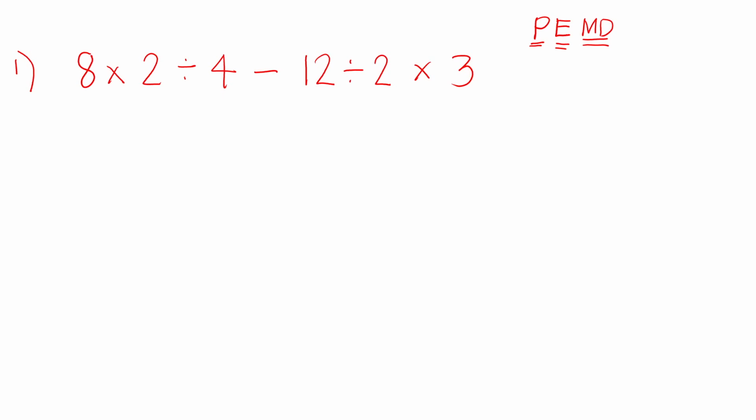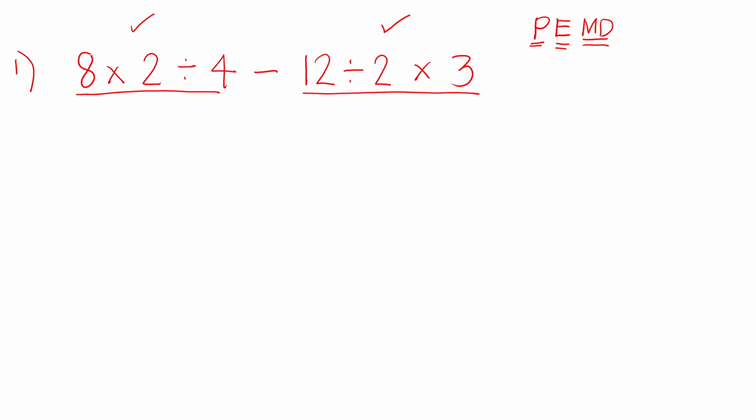Now, as you can see, this one and this one are separated by a minus symbol. So meaning I can use MD on this side and I can also use MD on this side, meaning I will solve from left to right. Now, let's focus on this part, 8 times 2 divided by 4.